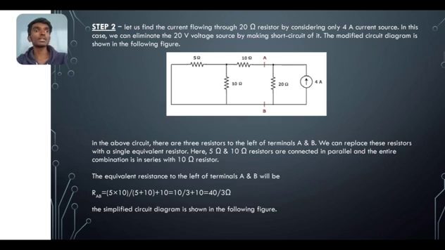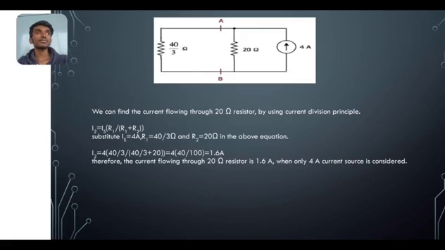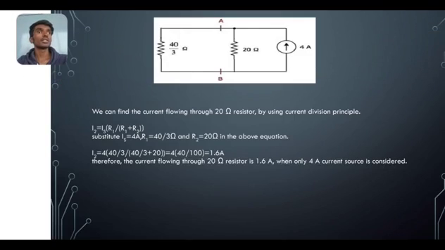The simplified circuit diagram is shown in the following figure. We can see the circuit, with the equivalent 40 by 3 ohm resistance. We can find the current flowing through the 20 ohm resistor by using the current division principle.